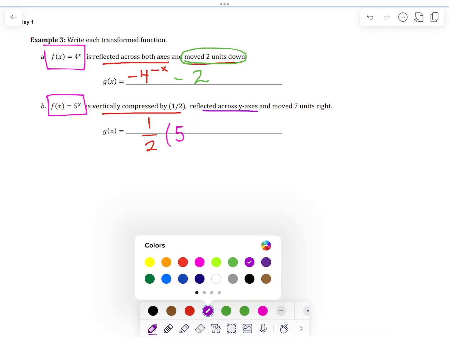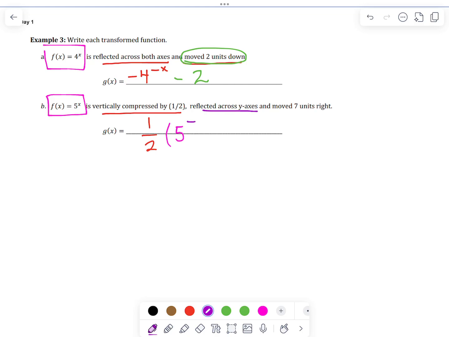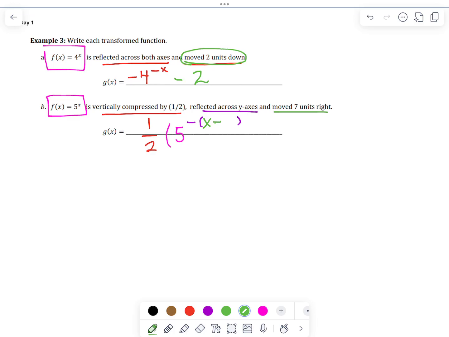So it's going to be negative x. And then the last thing is it's going to move right 7 units. Again, that happens up in the power. So we do opposite. It's going to be x minus 7.